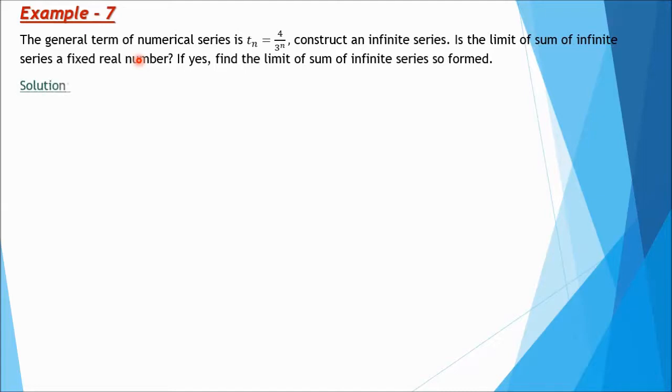Now we have our general term Tn equal to 4 by 3^n. The first term T1 is, exactly like in sequences and series, 4 by 3. Now, do you know what this bar means?